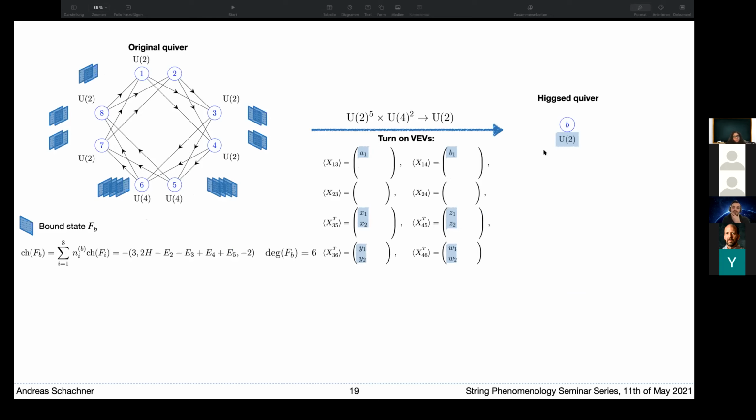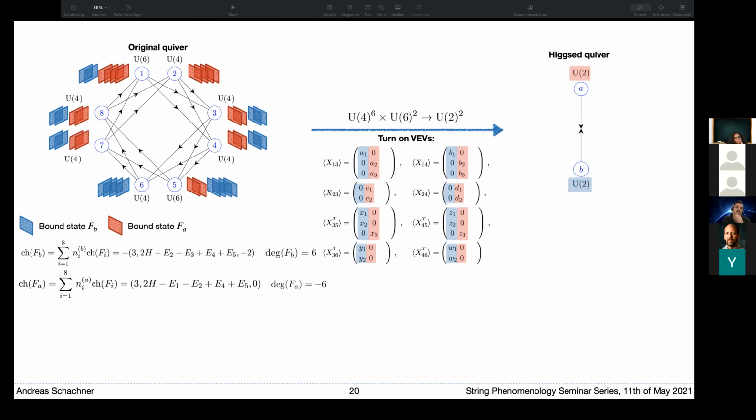Okay, so fair enough, but this is a far too boring situation. So let's build another bound state, now illustrated here in red. By putting these additional fractional branes at each of the nodes, we increase the rank of the associated gauge groups. Now we want to Higgs this quiver down to a new quiver with only 2 bound states. This can be achieved by turning on VEVs of this form.